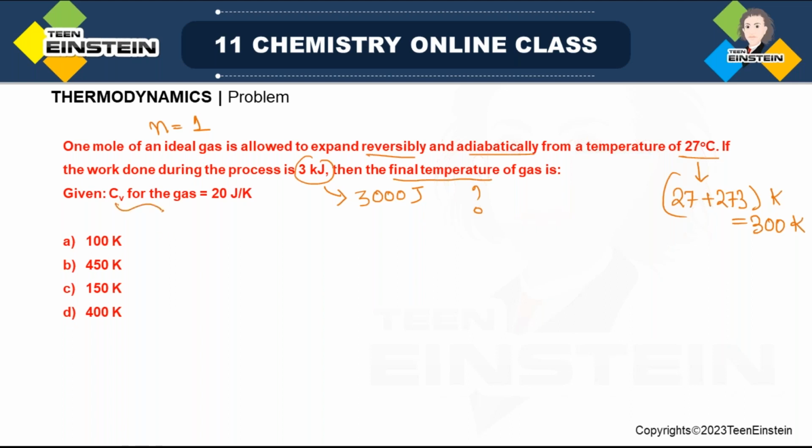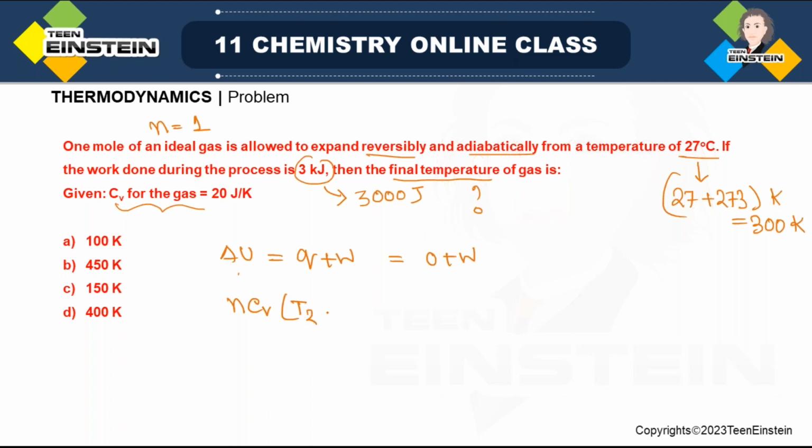Okay, one more piece of information is there. Cv value, that means at constant volume, what is the molar heat capacity? 20 joule. That is also mentioned. Now, if we use the equation, that is the First Law of Thermodynamics. Now, adiabatic process, so it is 0 plus W. So finally, del U is equal to W. Now, instead of writing del U, here you will write n Cv dT.